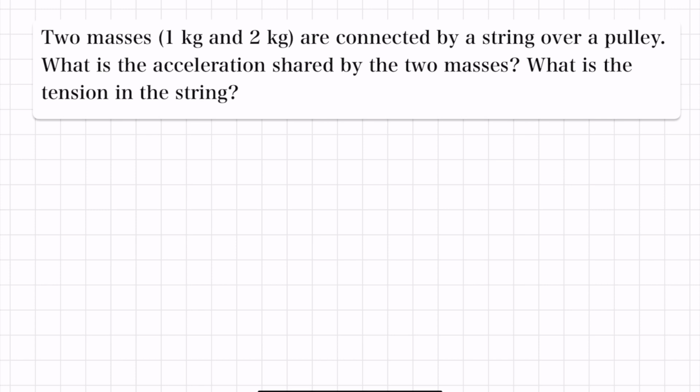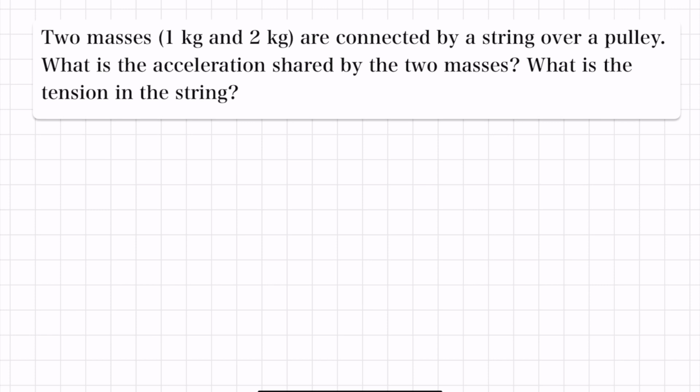I'm first going to draw a picture, but I will say I am going to be solving this problem two different ways. There are two different ways that we can think about the axes and what we typically call positive and negative, and that's going to be really important when solving these problems, because with pulleys, probably the most common mistake is a sign mistake, and it changes the numerical answer you get drastically.